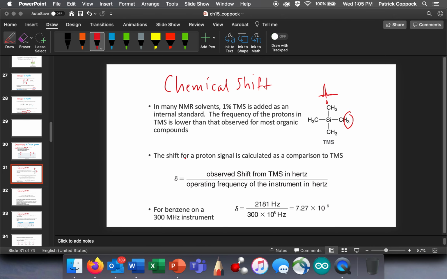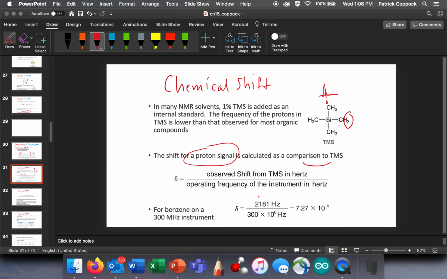Now the shift for any proton signal is calculated relative to the TMS. The observed shift from TMS is divided by the operating frequency of the instrument in hertz.